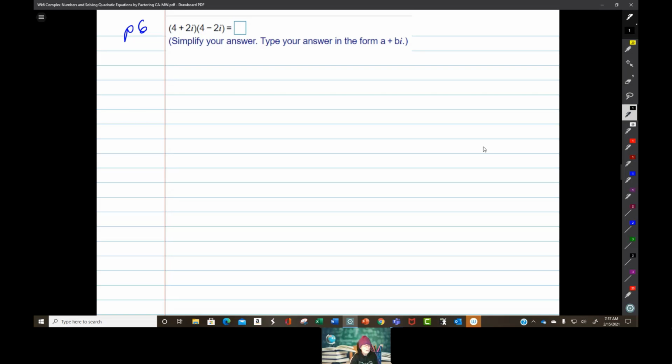Now, if you know your conjugates, you recognize this as your friend. Want to write it bigger here.